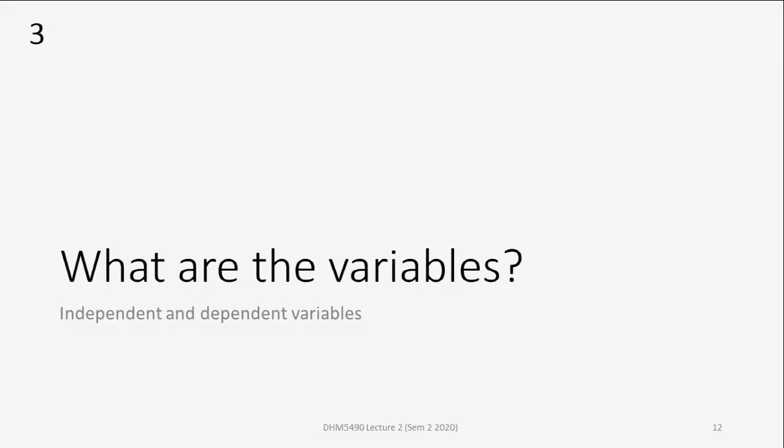In this video, I'm going to cover the variables that you are going to face when reading an academic research article. But first, what is a variable? A variable can be an attribute, or it can be a characteristic of something.